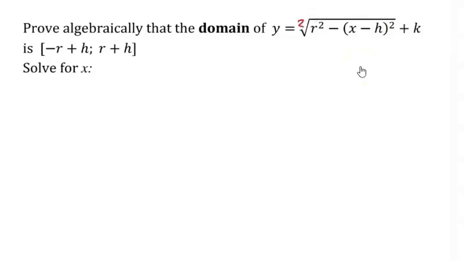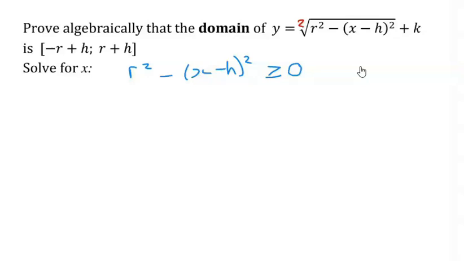We don't write it, like we don't write the plus, but it's assumed that we're doing a square root. So the inside of the square root, the r squared minus (x minus h) squared, should be greater or equal to 0 before I can get the square root.